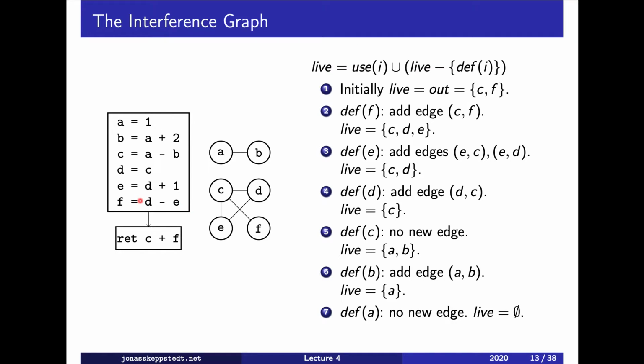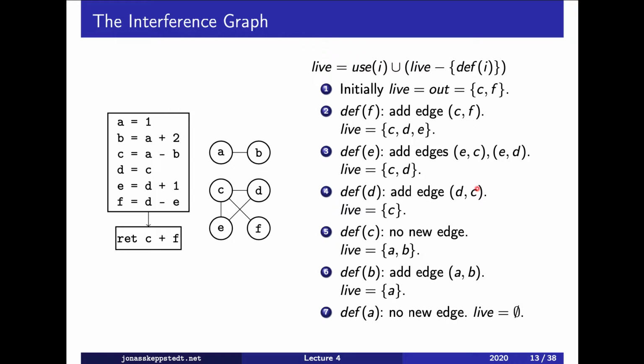Okay, so we update the live set, and it becomes C, F, and not F since it was defined there, but C and D and E. Okay, there. And then we define E, so we add an edge between E and each in the live set, except E itself. Okay, so we add these two edges and continue like that.